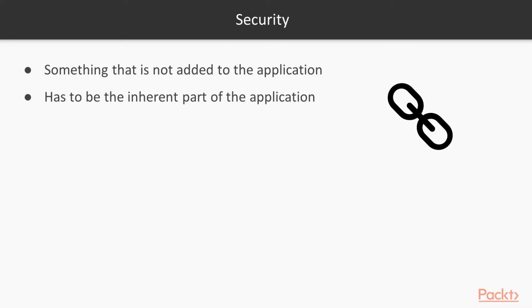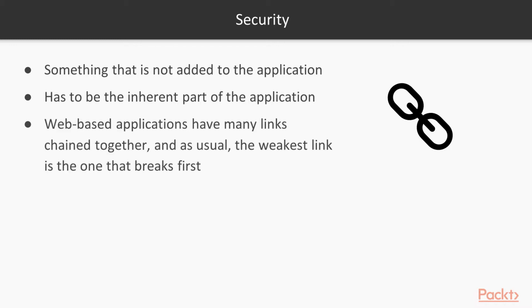When we design the security from the very start, we have to understand that web-based applications have many links chained together, and if we don't look at each of them very carefully and miss any of them, then the weakest link will break first in that chain.